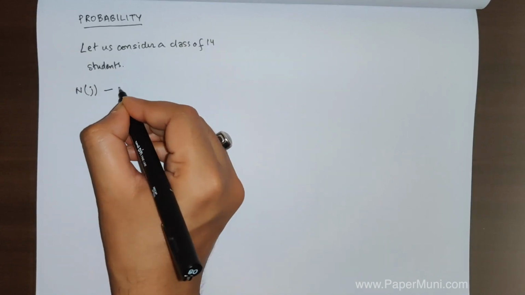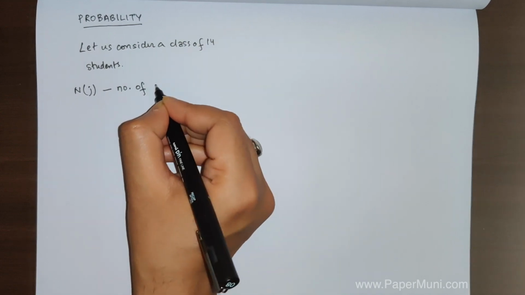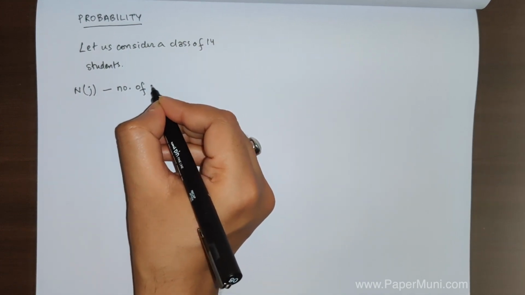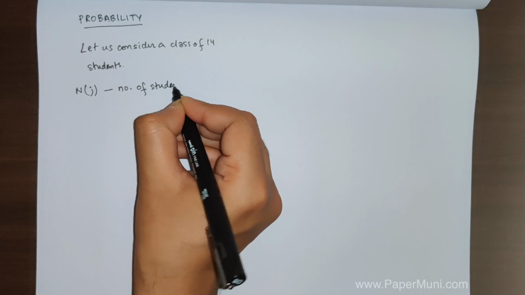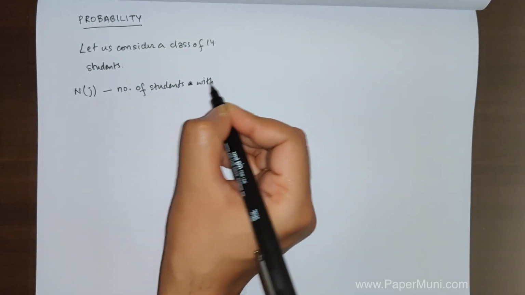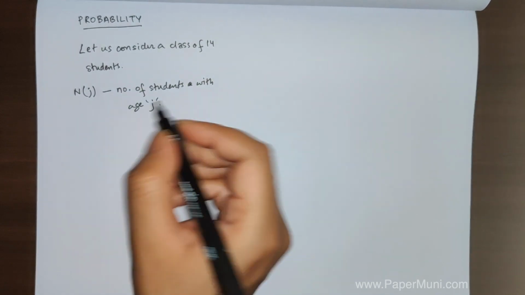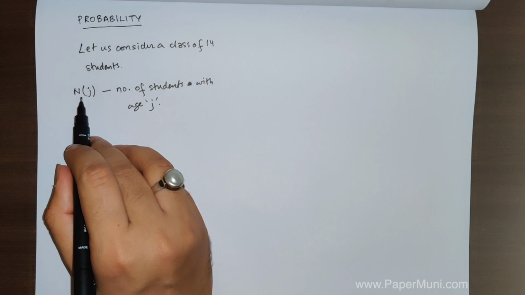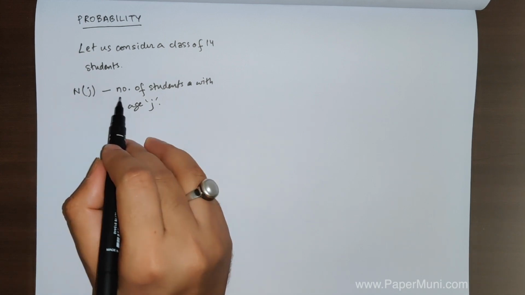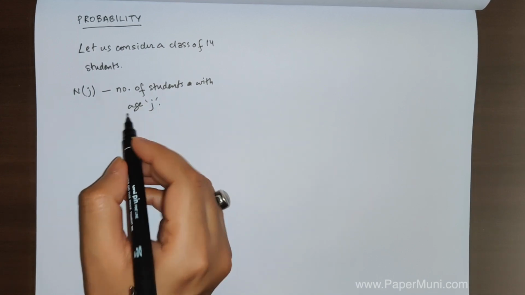This will give us the number of students with age j. So we are defining this variable where n of j gives us the number of students with age j.